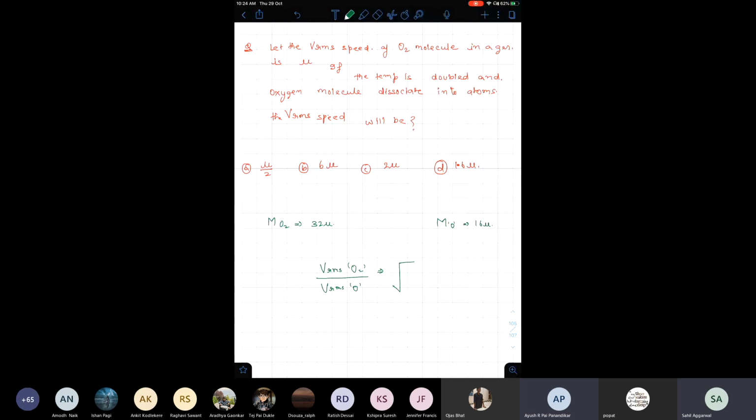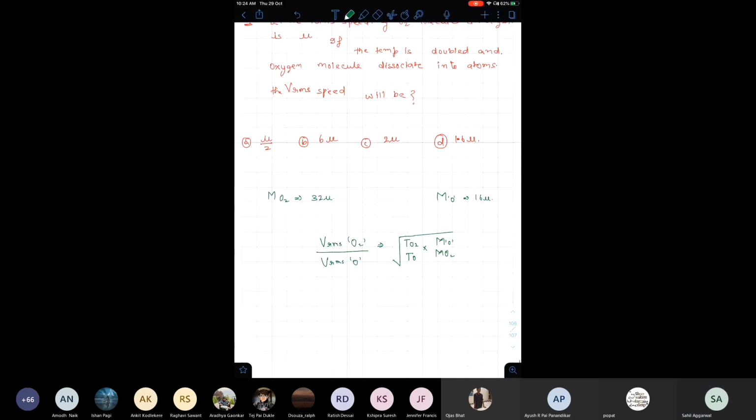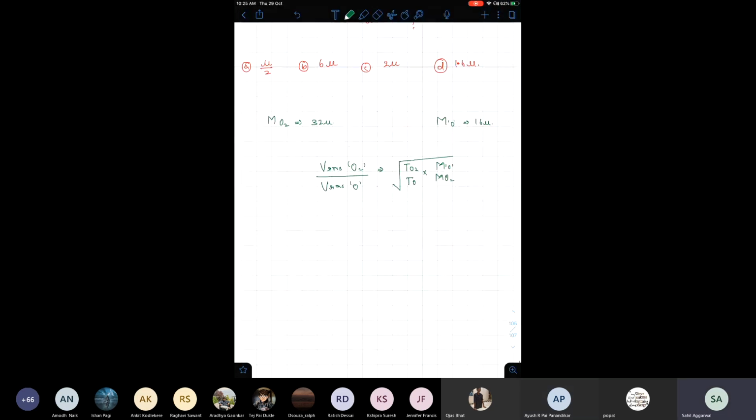The formula was root 3RT by M. So root of T of O2 divided by T of O into mass of O2 divided by mass of O. Temperature is doubled, that means T of oxygen is two times the T of O2.